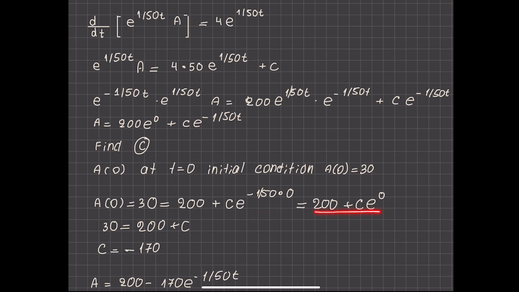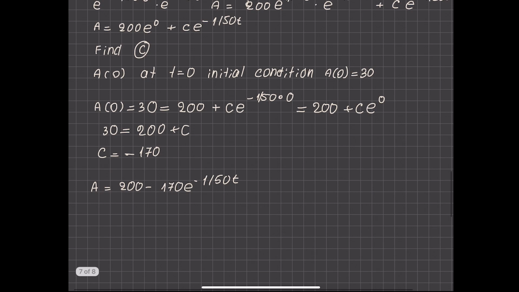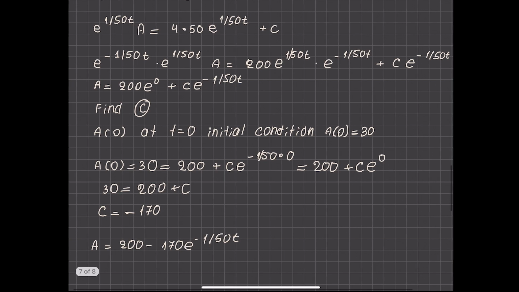So you're left with 30 equals 200 plus c. c is negative 170. And you just rewrite that for the general case, when t is whatever t, like so. But I thought that multiplying everything at this point right here by this was pretty clever.